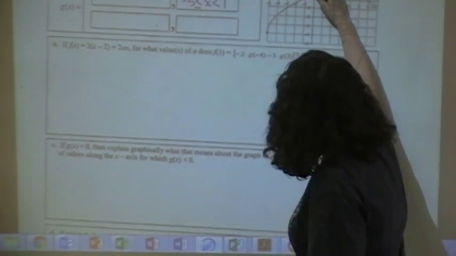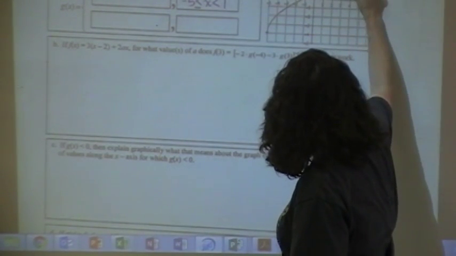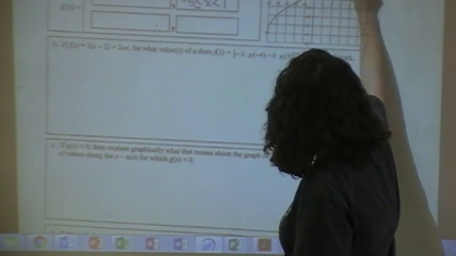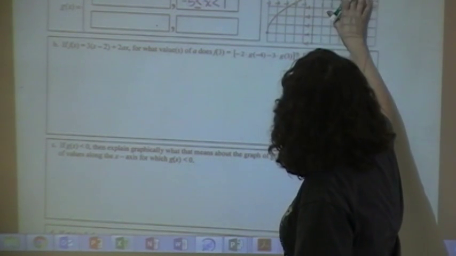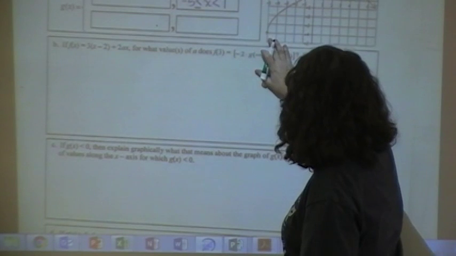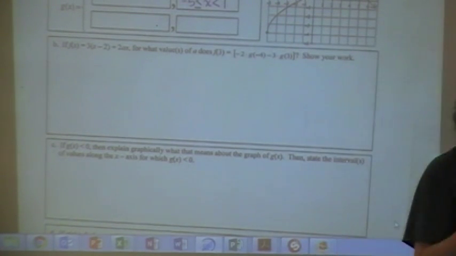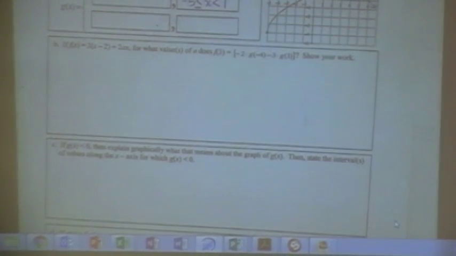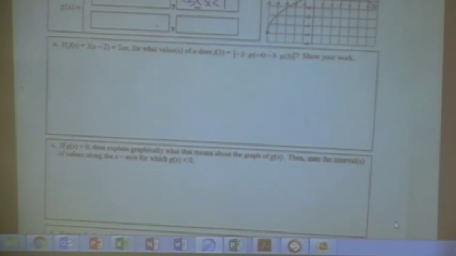If you remember, the parent function normally looks like this. Obviously this has been shifted over and down. It's been shifted left 5, so it's going to be a +5 inside the square root, and down 4, so that's going to be a -4 after the square root.